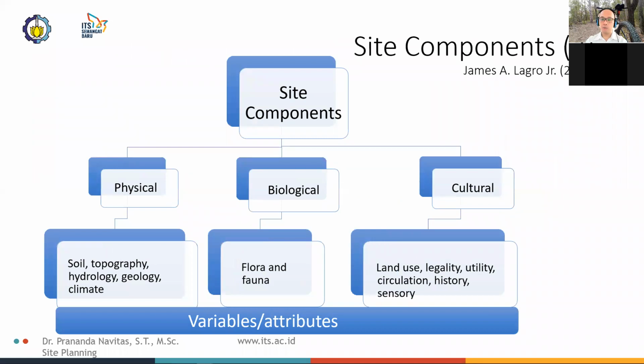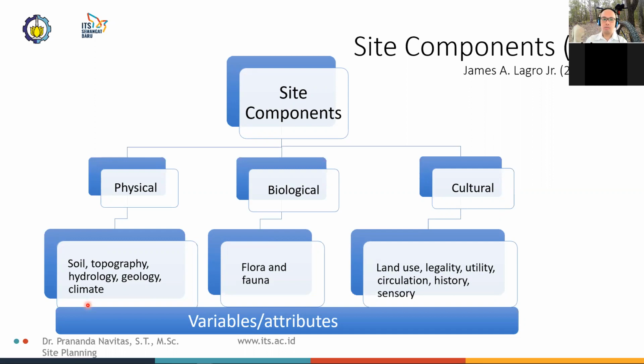You may also want to view site components as James Lagro Jr. did: physical, biological, and cultural. The physical aspects of a site component are soil, topography, hydrology, geology, and climate. So anything to do with its physical makeup, the physical characteristics of a given site.